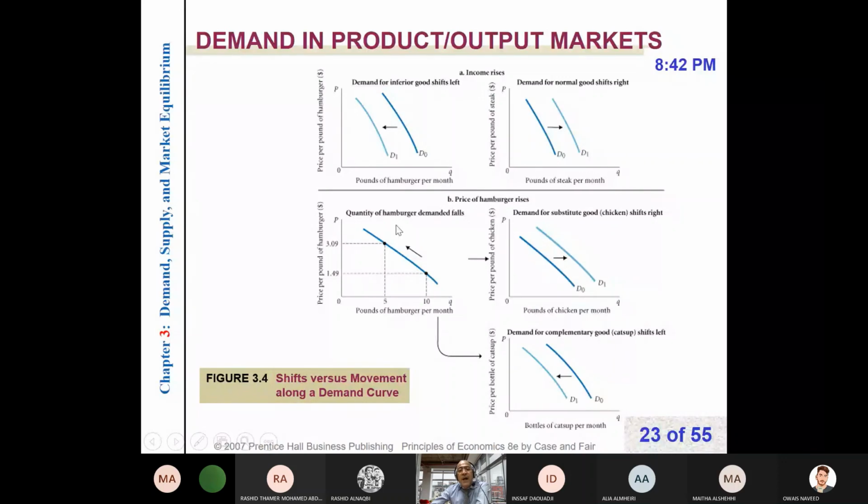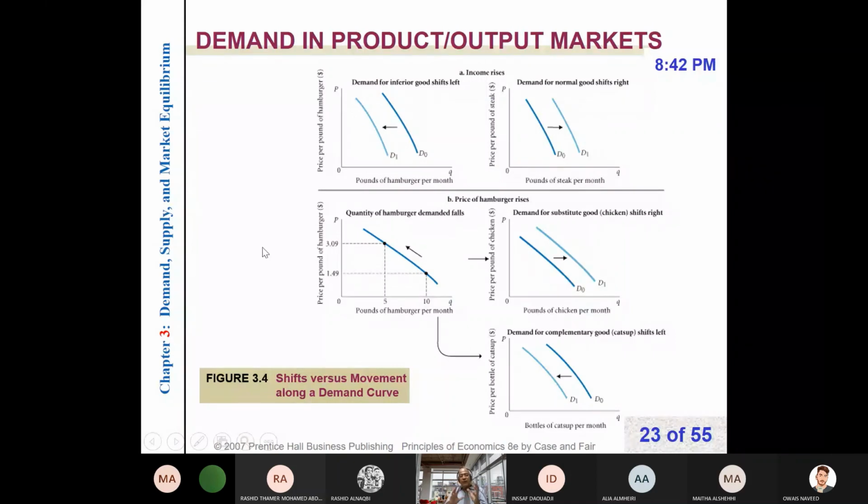See here, hamburger and ketchup are complements. If the price of hamburger increases, I will buy less hamburger and less ketchup. So demand for ketchup will decrease.